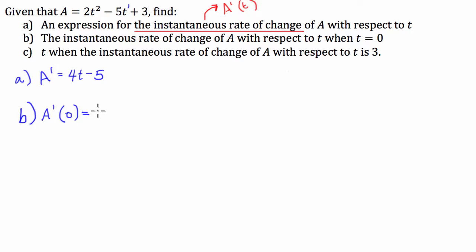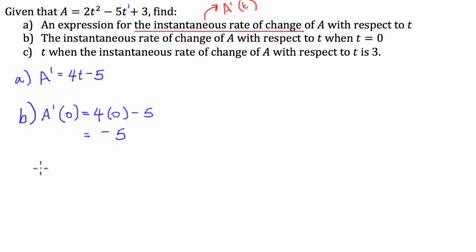So we have 4 bracket 0, take 5, and 4 times 0, obviously 0. Take 5, this is just equal to negative 5. So it's negatively sloped when t is equal to 0.